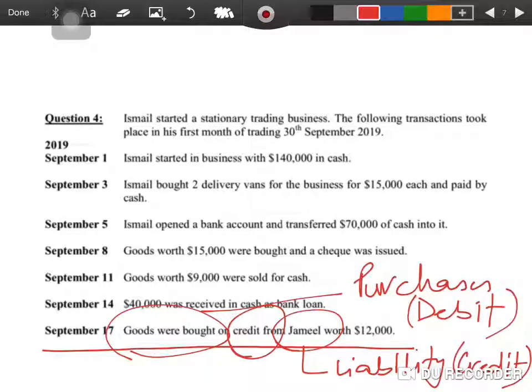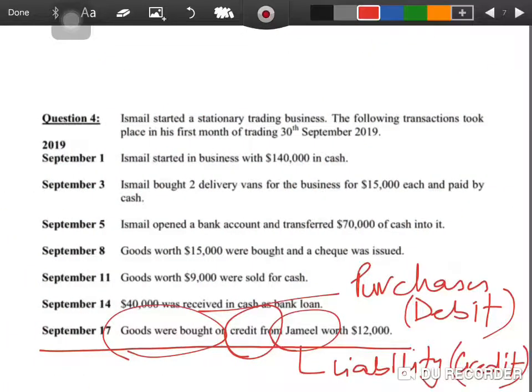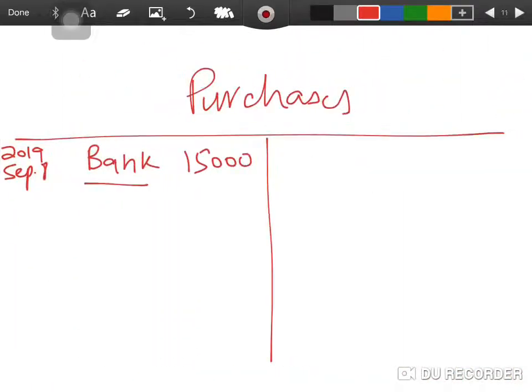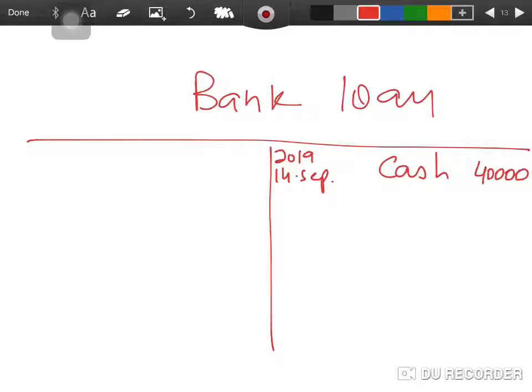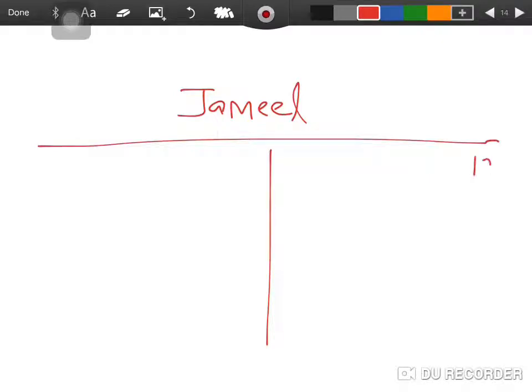We already have a T account with the name of purchases, so we are going to record this in the same account. 17 September is the date, and here we are going to write Jamil, and we do not have a T account for Jamil as yet, so we are going to prepare a T account for Jamil. The amount is 12,000. 17 September is the date, and here we are going to write purchases.